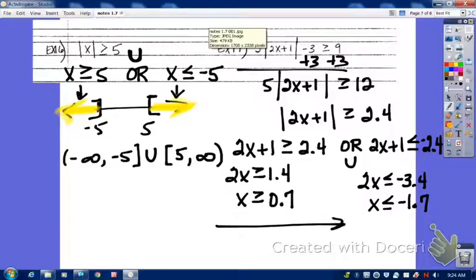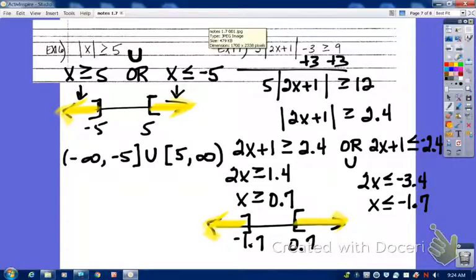Put those numbers on a number line. Small goes on the left, larger one goes on the right. Graph each interval. And write all your answers in interval notation. So you have two separate intervals.